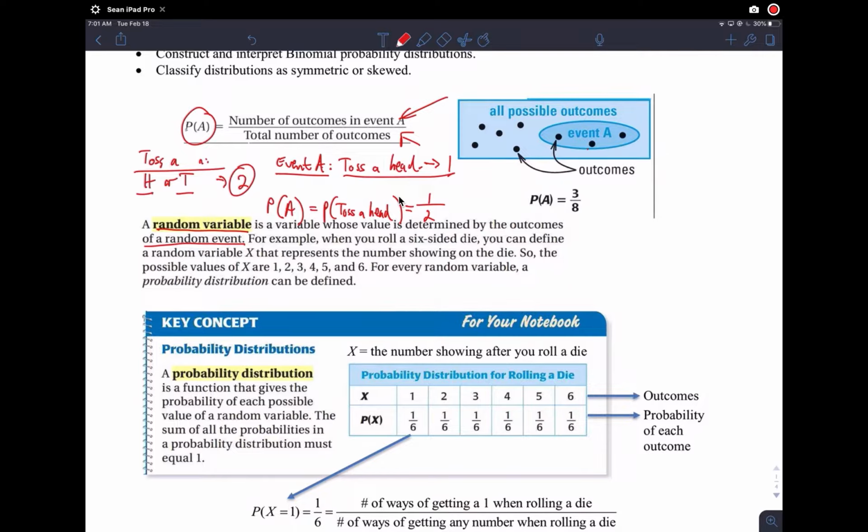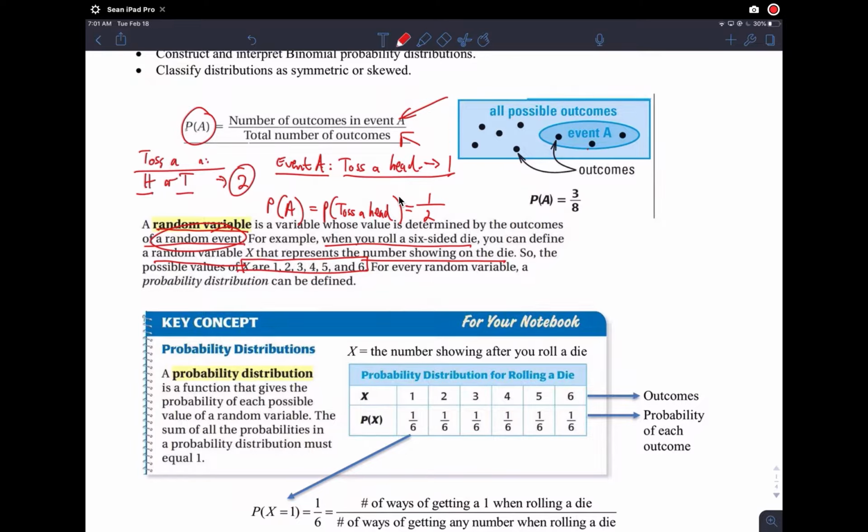All right. Here they mention rolling a 6-sided die. Okay, and we also consider that a random process or a random event, tossing a die and then getting a number or an outcome. Okay, and they said let's define the random variable x as the number showing on the die when I roll a die. Okay, and so there are 6 outcomes.